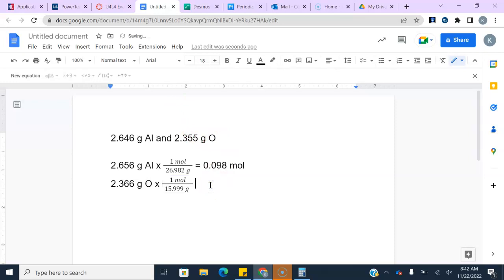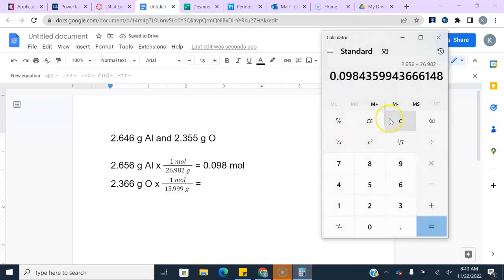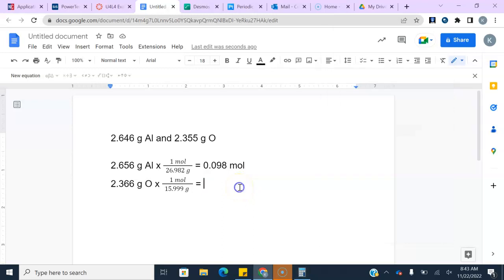Okay, so now we're going to do our math here, because our grams are going to eliminate and leave us with our moles, which is what we want. 0.1478, so I'm going to round that to 0.148. Okay, so now we have our moles.